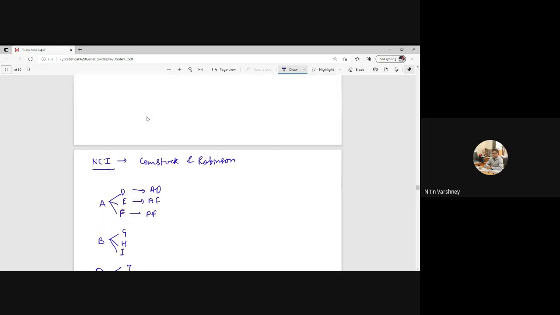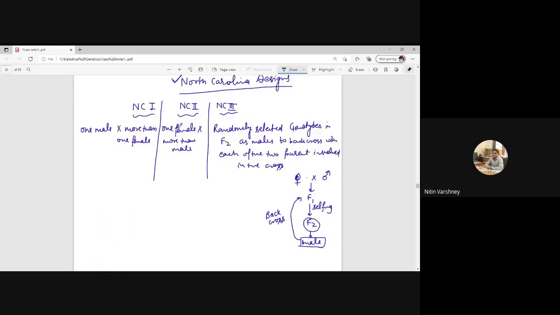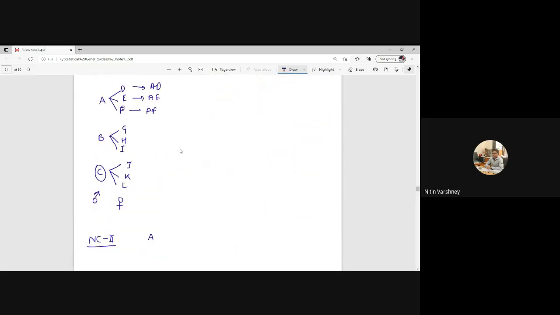Means here more than one female will cross more than one male. So just like I have taken this male here, I will just cross it and take it as female, and this will be male in NC2. Okay, now I am not making it again. In North Carolina 2, this will be the case.